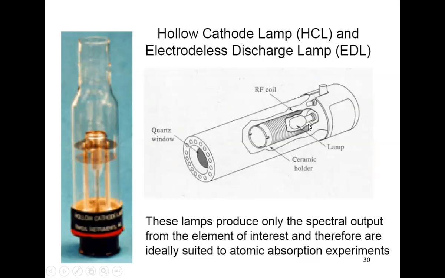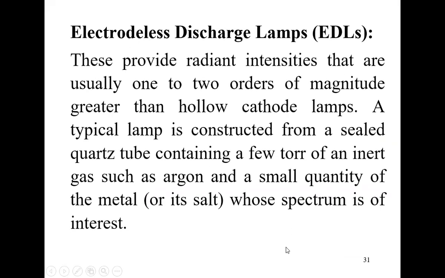These lamps produce only the spectral output from the elements of interest. They work on the same principle as the hollow cathode lamp. That's a development later after Mr. Walsh, and therefore are ideally suited to atomic absorption experiments. Yes, I'm going through the electrode-less. Is that what you're asking?